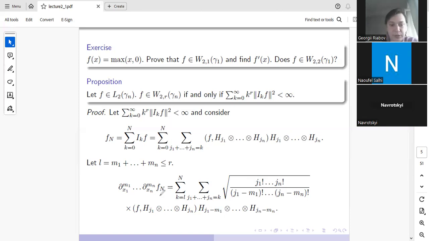So consider the derivative of f of order l. We m1 times differentiate in x1, and so on, mn times differentiate in xn. I recall that the derivative of the kth Hermite polynomial is equal to root of k times h_{k-1}.